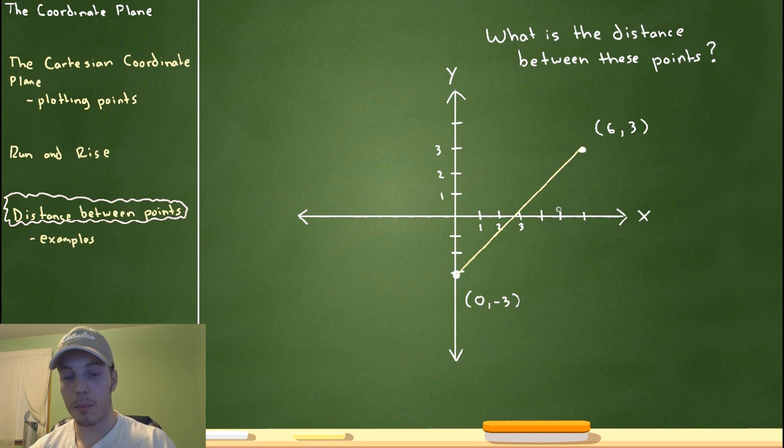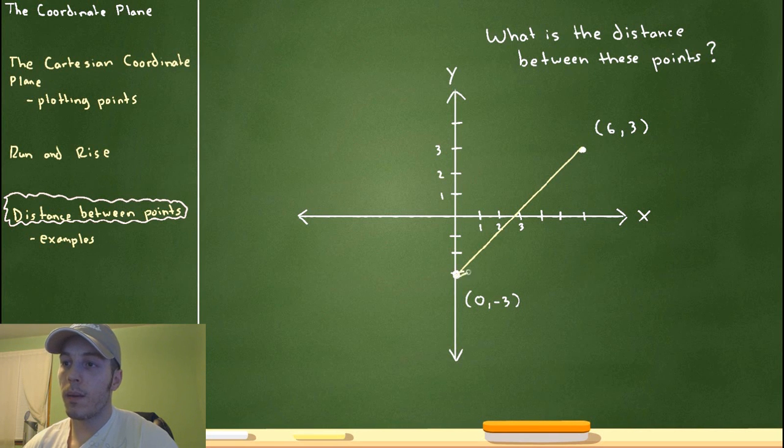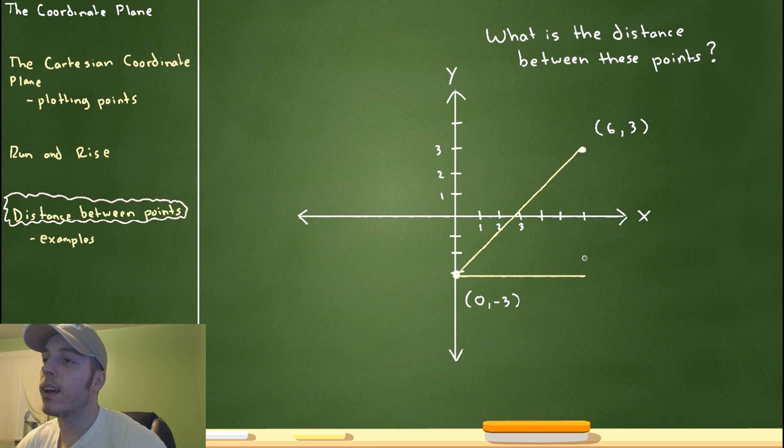Now, how can we possibly find this? Well, let's try to find this distance making use of the run and the rise. So, the run, from this point here, would be going horizontal until I get to the x value of 6.